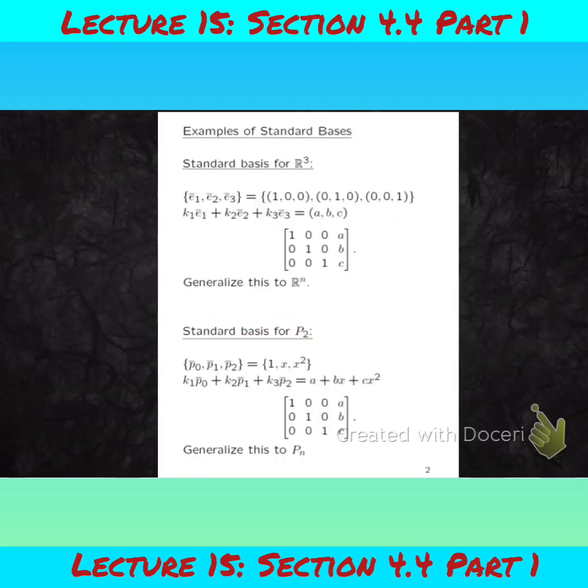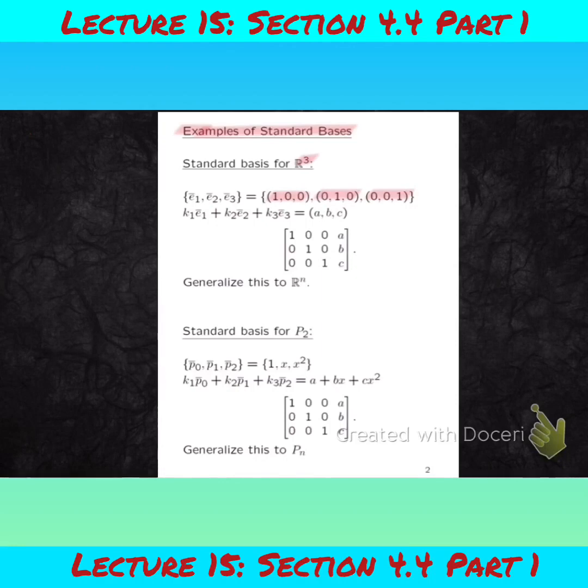Okay, so next we've got some examples of standard bases. In R3, what's the most basic basis that one can think of? It turns out that the standard unit vectors in R3 form a basis for R3. And why is that?